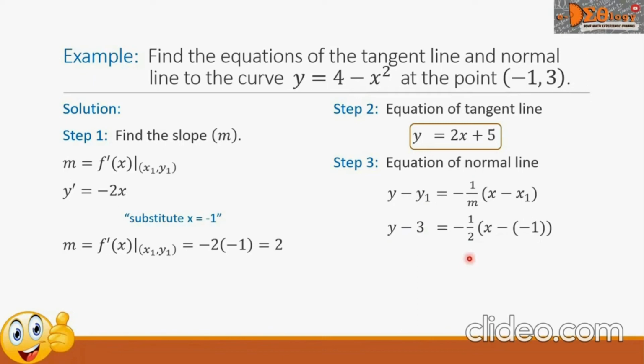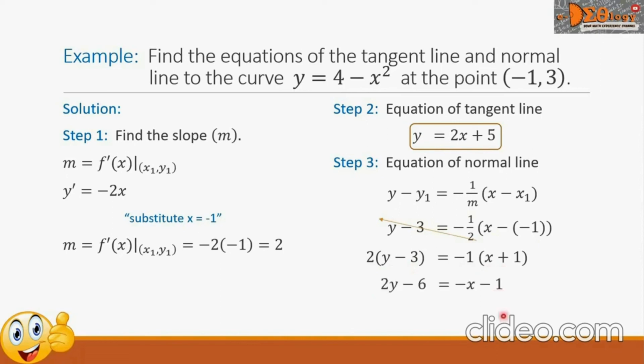Simplifying further, let us cross multiply the denominator 2 to the left side. So we have now 2 times the quantity y minus 3 equals negative 1 times the quantity x plus 1.